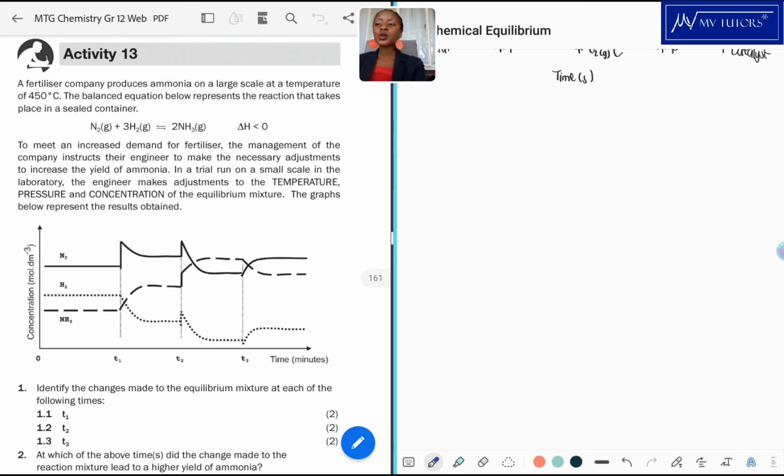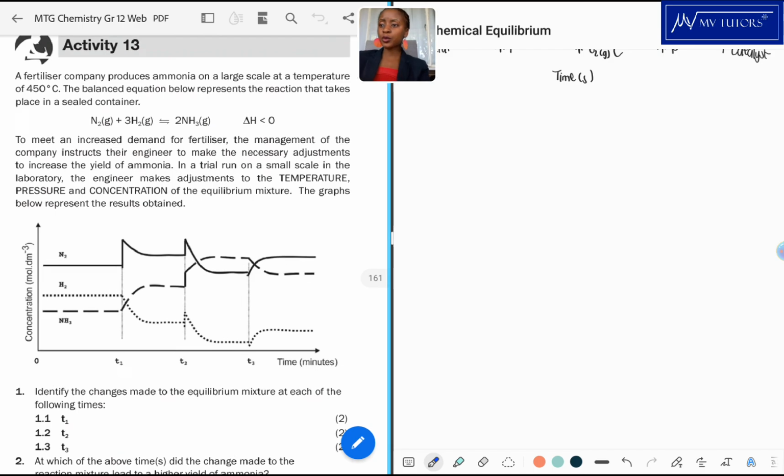To meet an increased demand for fertilizer, the management of the company instructs their engineer to make the necessary adjustments to increase the yield of ammonia. In a trial run on a small scale in the lab, the engineer makes adjustments to the temperature, pressure, and concentration of the equilibrium mixture. The graphs below represent the results obtained.